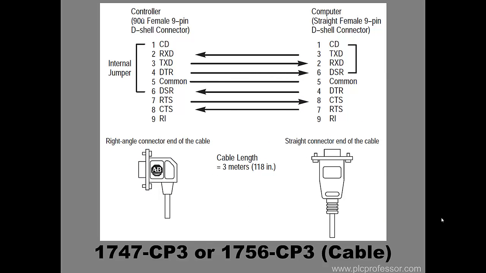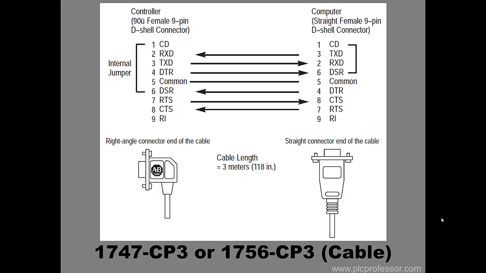Okay, and this is the pinout for the CP3 cable. And as you can see, it's a crossover cable. So you can see pin 2 and 3, 3 and 2 are crossed over. When you're going from an RS-232, a DF1 device to a DF1 device, we'll say, then you have to swap receive and transmit. You don't want to transmit to their transmit. You want to transmit to their receive.